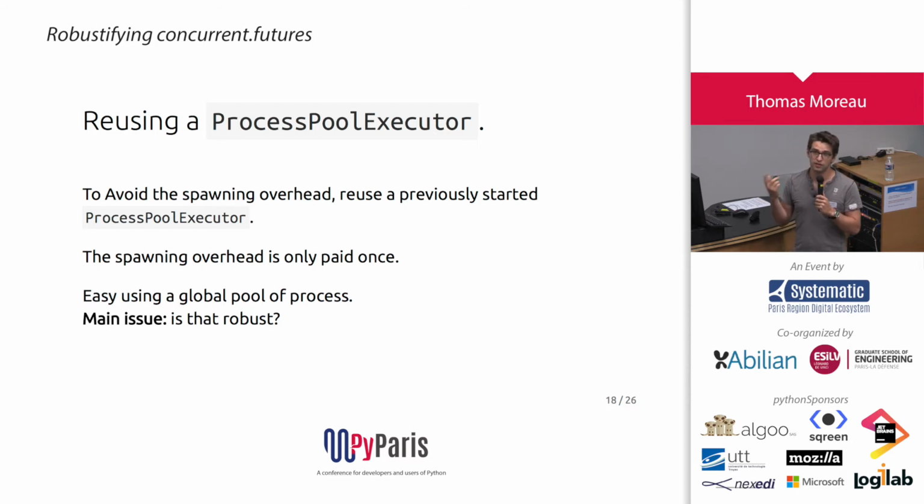For instance, if you submit an unpicklable task to the executor, you will have a traceback, but your interpreter will be deadlocked, meaning that it will freeze with no warning, and you won't be able to get it back except by hitting Control C. And when you hit Control C, you will have a huge stack, and it's really hard to know where the bug started.